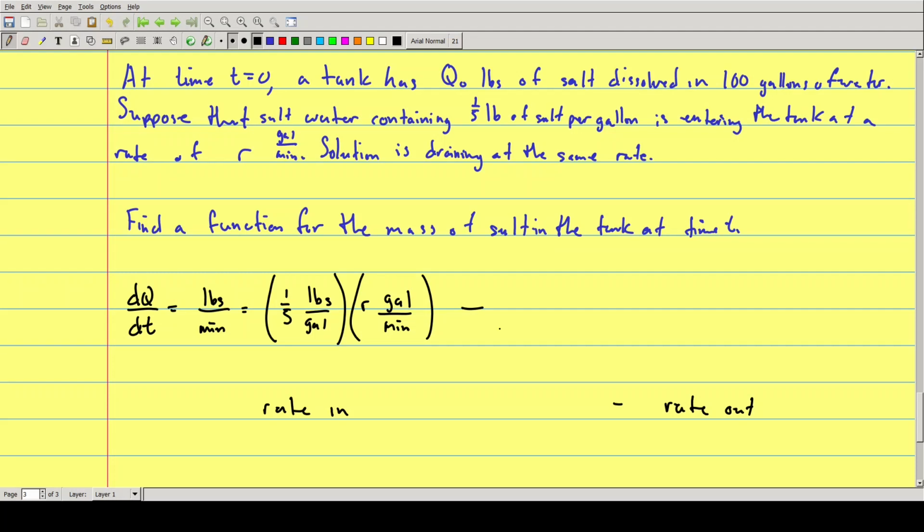Okay, so that makes the second term easier to write. And we need to know the rate of salt as it flows out of the tank. But in order to be able to determine that, we need to know how much salt is in the tank. Right? Now, at any given time, how much salt is in the tank?